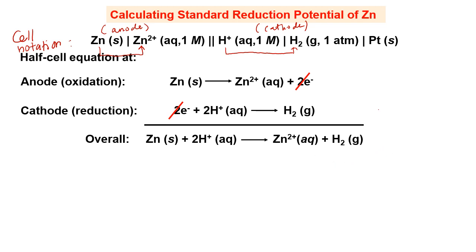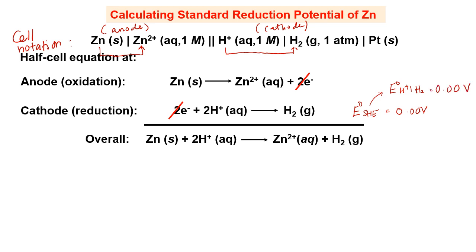So we already have the value of the E naught cell, and we have the value of SHE as 0. Let me just write it down over here. So E naught SHE, it is 0.00 volt, or sometimes it is written as E naught H plus to H2, just to show the reduction process, 0.00 volt.